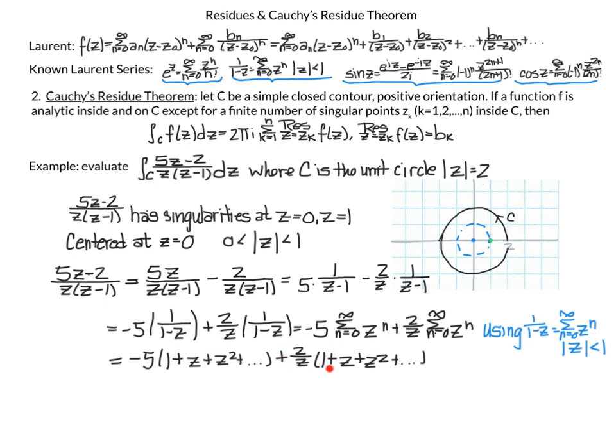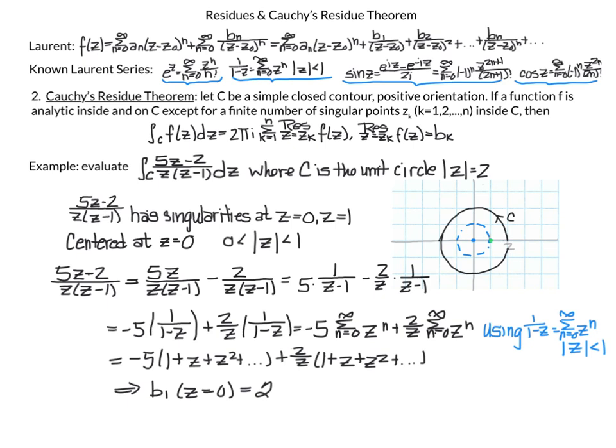So this is going to contribute to b1. Here, I'm going to start getting positive exponents again, which means the only thing contributing to b1 is 2 times 1 over z. So b1 is equal to 2, and that's at z = 0. I want to remember for which singularity this residue is. So b1 for z = 0 is equal to 2.